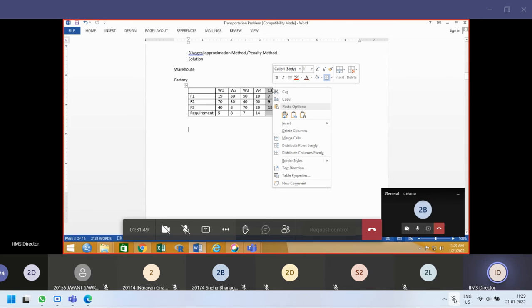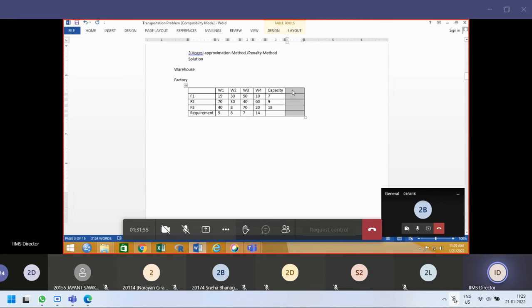Say I will insert some columns, penalty 1, right? P1. Row-wise penalty as well as column-wise penalty. This is P1. Row-wise and column-wise penalty, P2. Right?